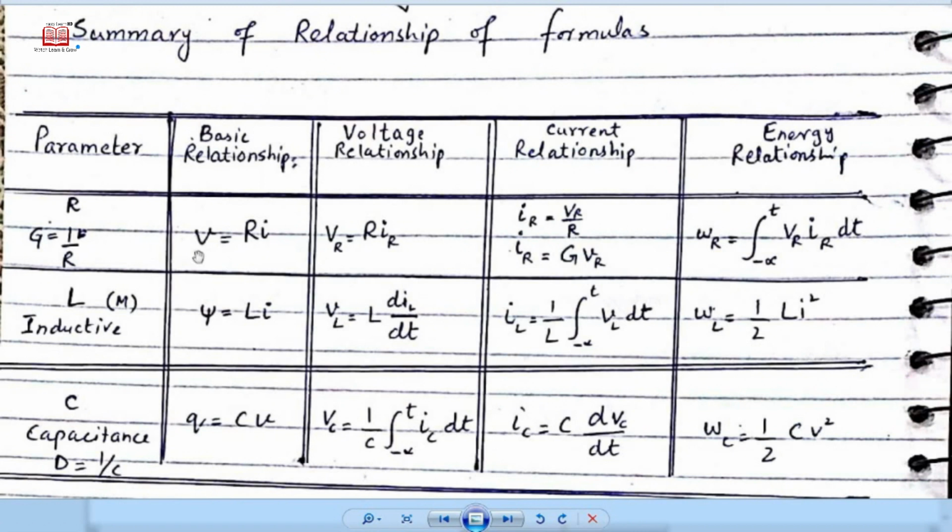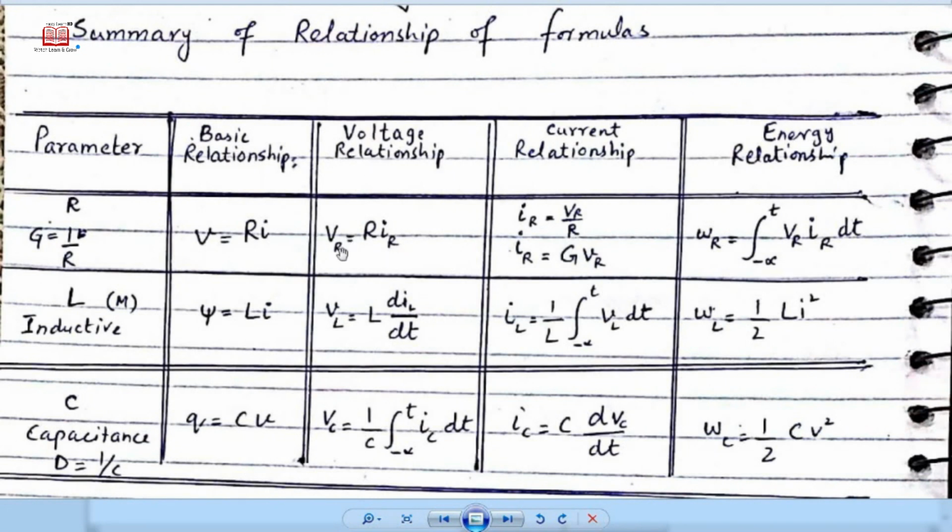So for the basic relationship, let's suppose we discuss the resistive circuit first, because so far it is very fresh in our minds. The inverse of the resistance is conductance, that is G. Now V is equal to Ri, that is the most used parameter and basic relationship, Ohm's law, V is equal to Ri.